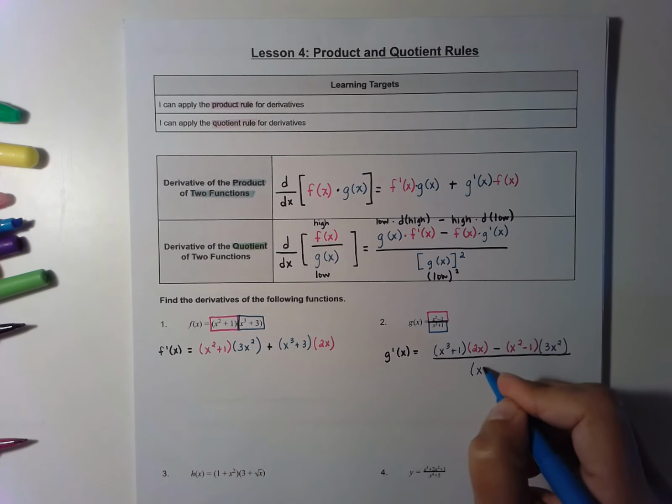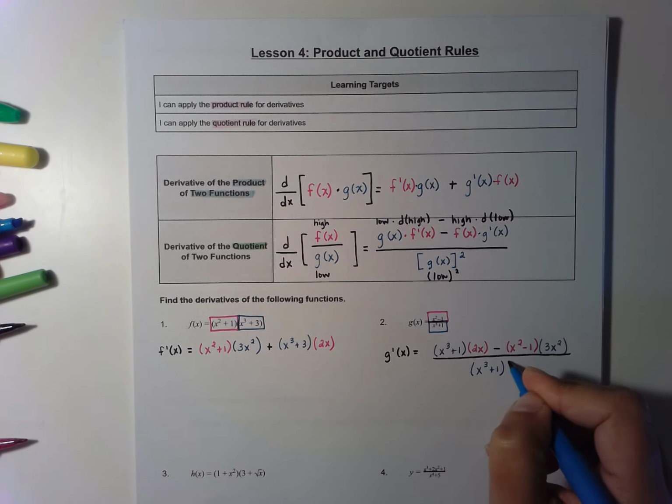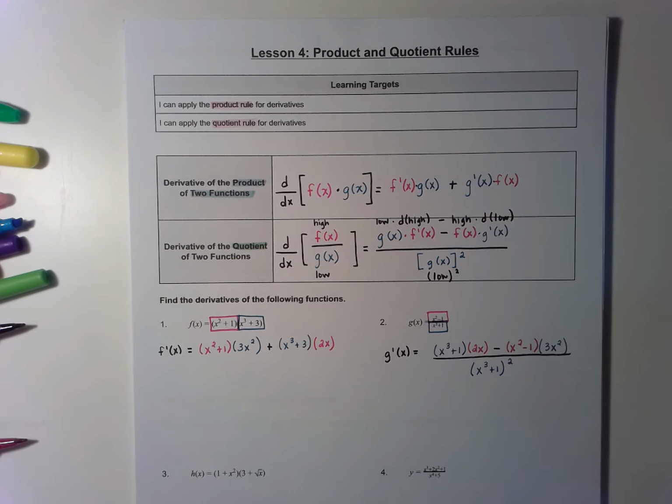So you're going to copy that bottom function, x cubed plus 1, and just square it. Now the song here would be low d high minus high d low, and low squared goes down below.